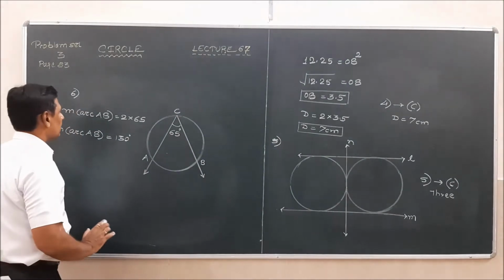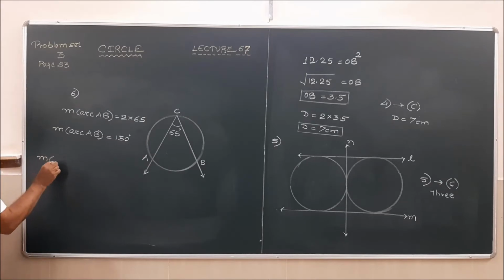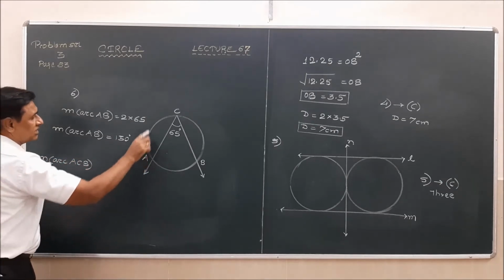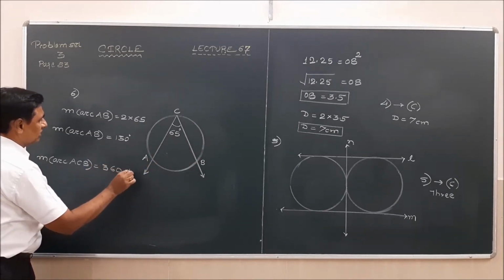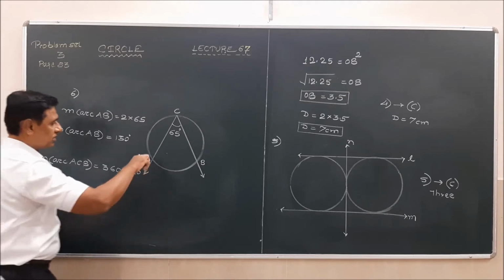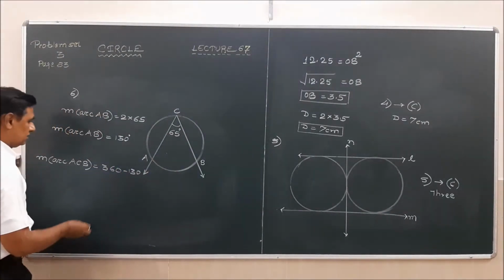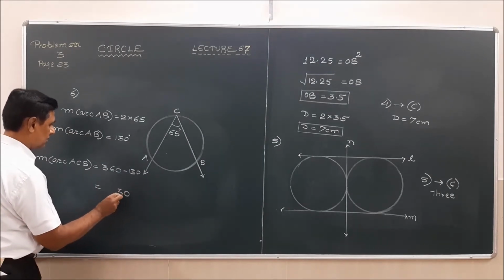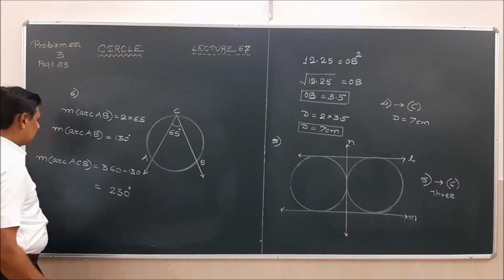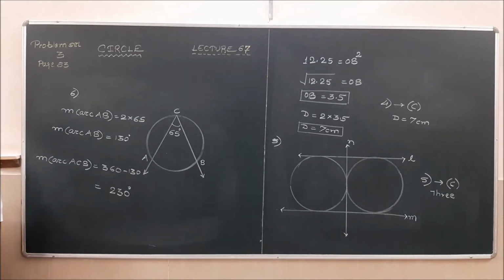That is clear. So measure of arc ACB, this arc we have to find out, is 360 minus 130, because the sum of all arcs of a circle is 360. So measure of arc ACB is equal to 230. Very important.